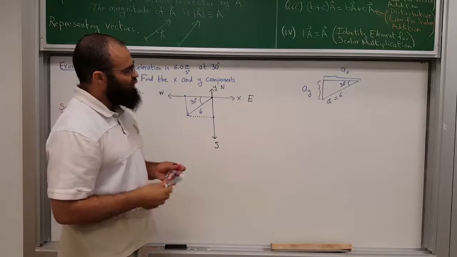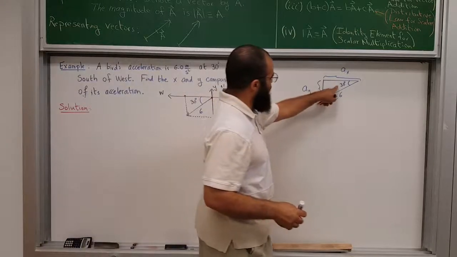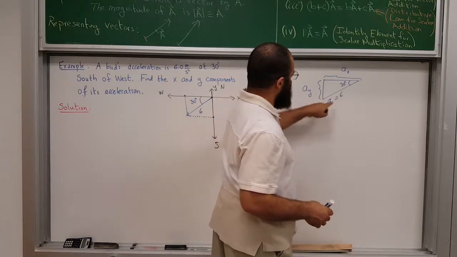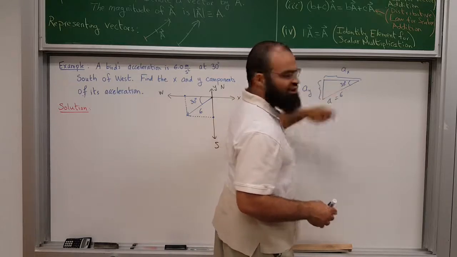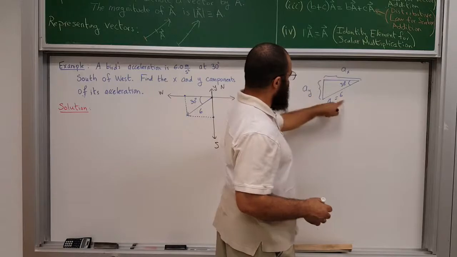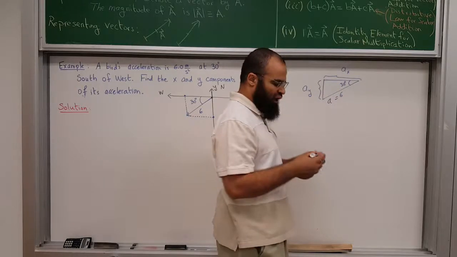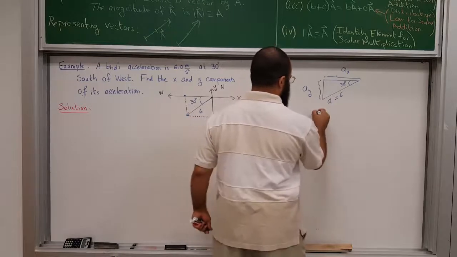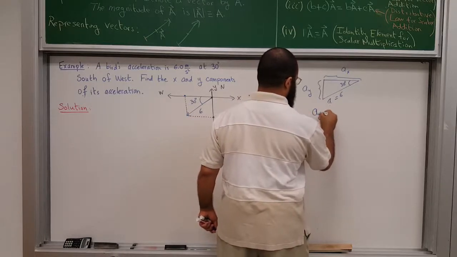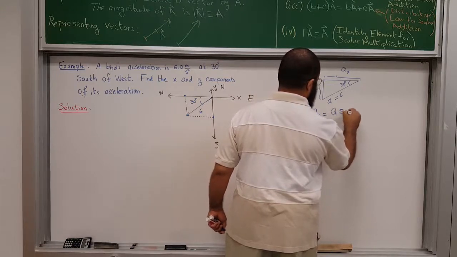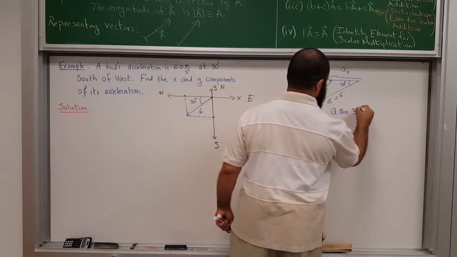So first, the y is the opposite to the 30 degrees. So AY will be the hypotenuse times the sine of the angle, because opposite over hypotenuse is the sine, which means the hypotenuse times the sine is the opposite. So the y component of acceleration will be the acceleration itself times the sine of 30 degrees.